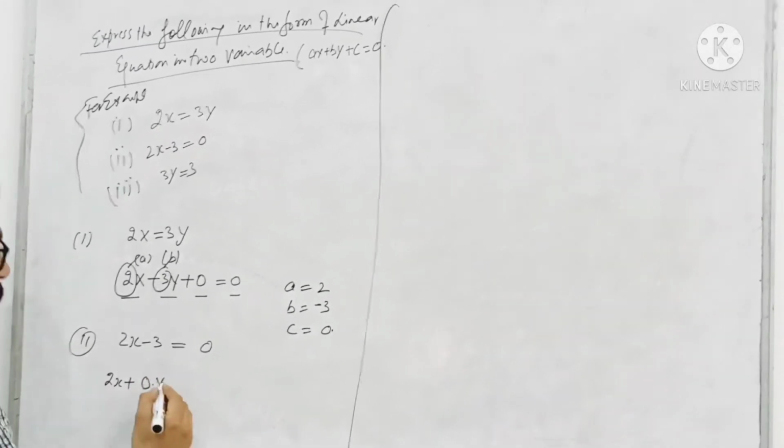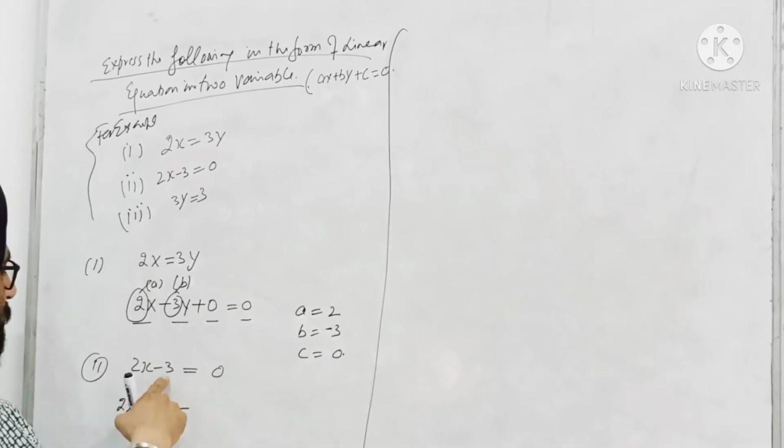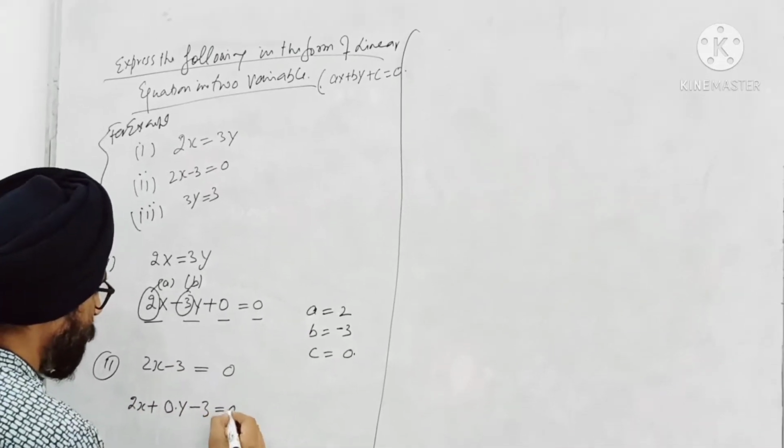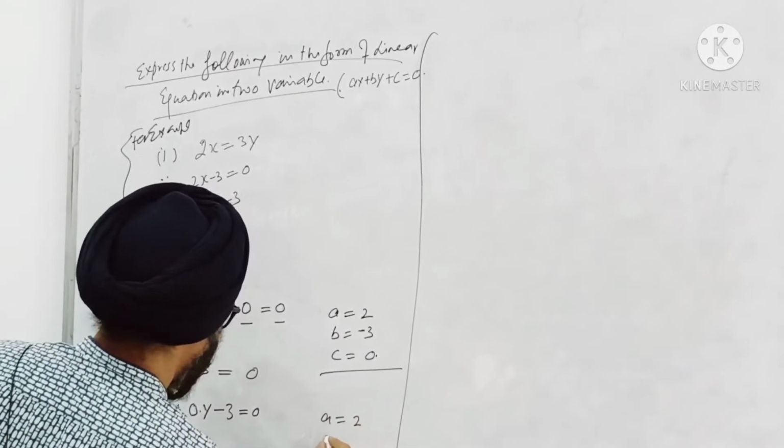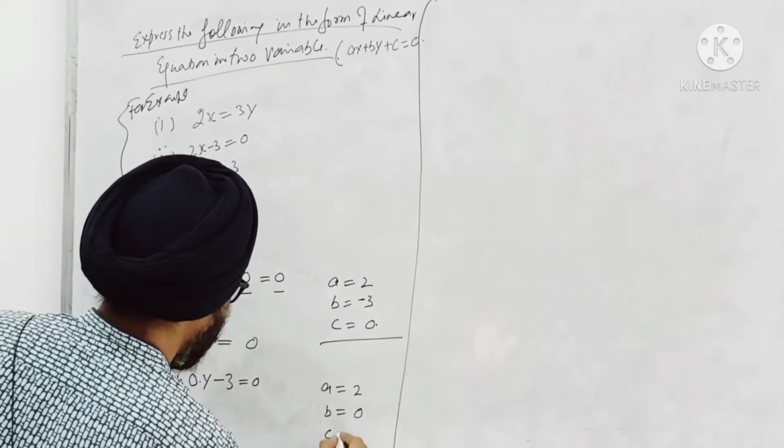Here again y, c is given, minus 3 is equal to 0. Here a is equal to 2, b is equal to 0 and c is equal to minus 3.